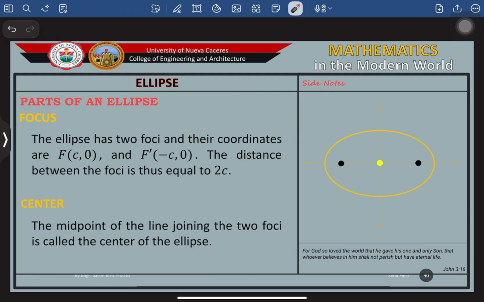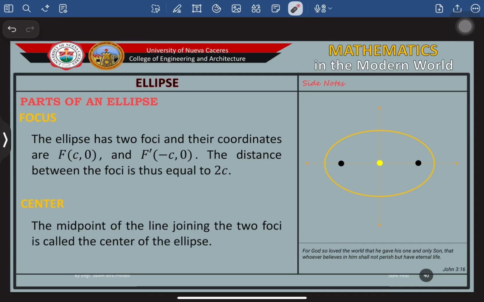Then, let's define the parts of an ellipse, starting with the focus. The ellipse has two foci and their coordinates are F (c, 0) and F prime (negative c, 0). So, for example, here, the center of the ellipse is at the origin (0, 0).